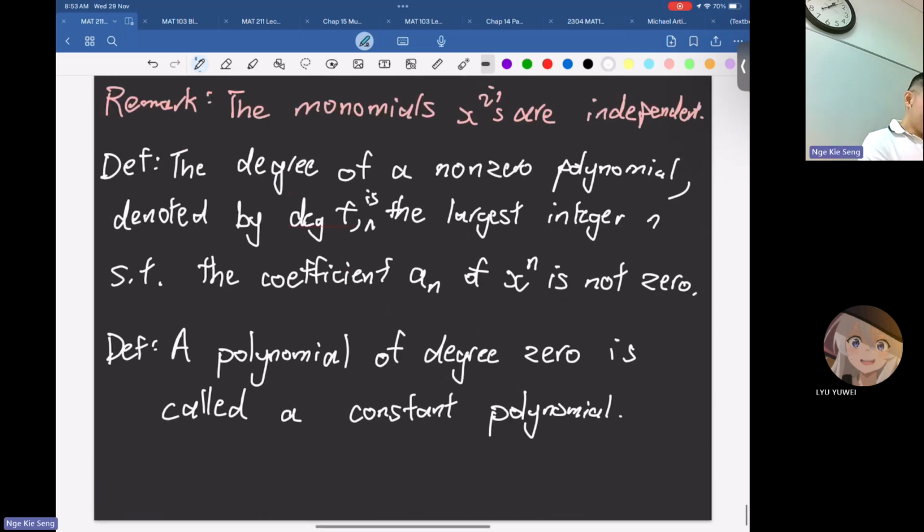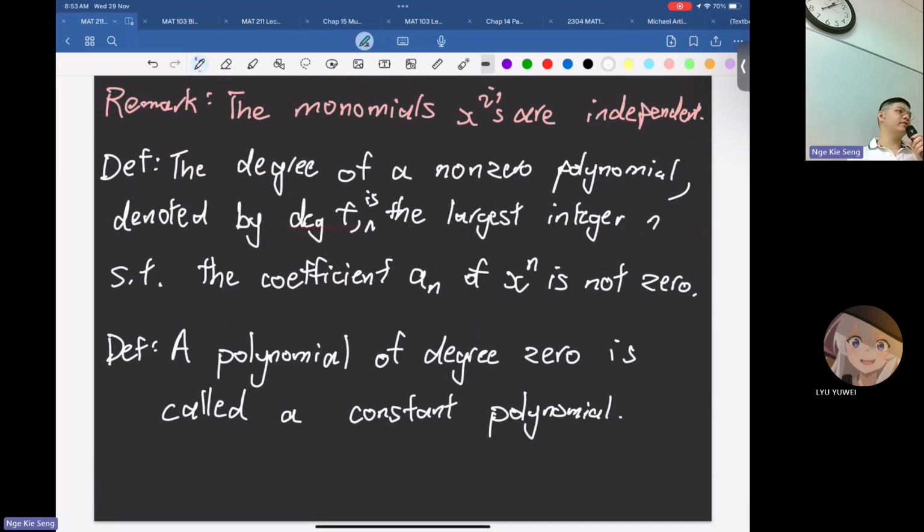But if you talk about constant degree 0 polynomials, you can also talk about the 0 polynomial, right? Equal to 0. So what's the degree of the 0 polynomial? Should it be 0? But I can put 0 times x to the power n, and it's still 0.